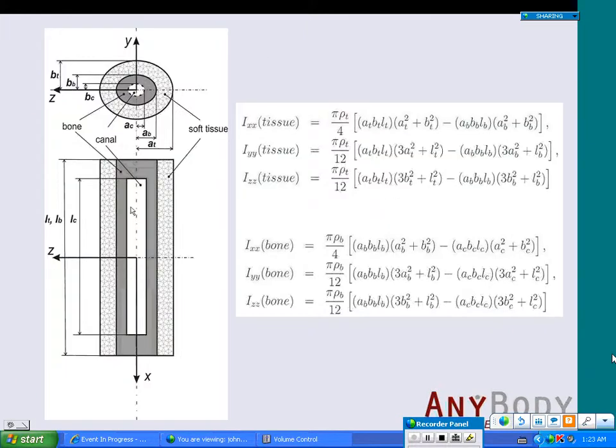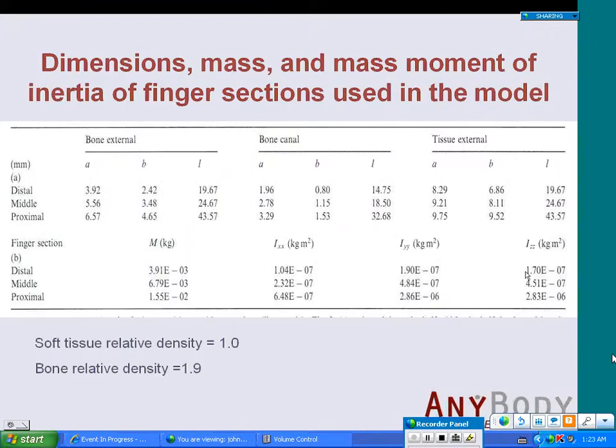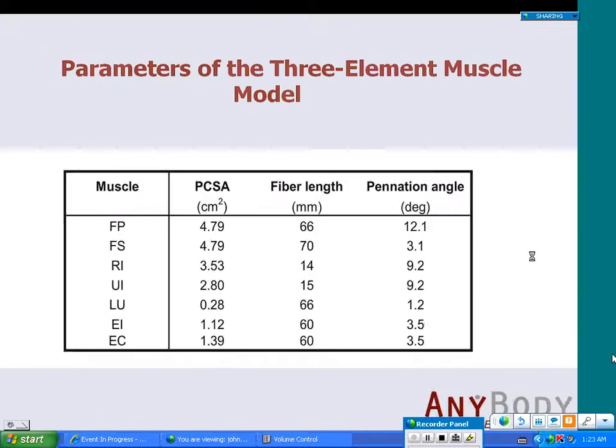In the other figure, you can see this is much smaller than the other two, almost half of this one. So these two, IYY and IZZ, are predominant.